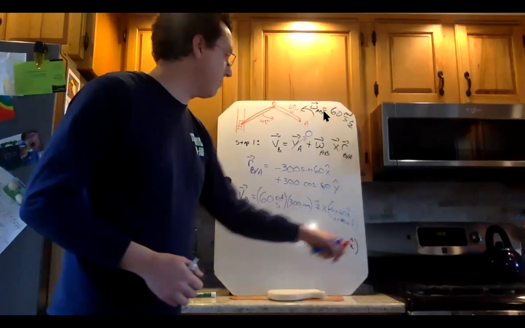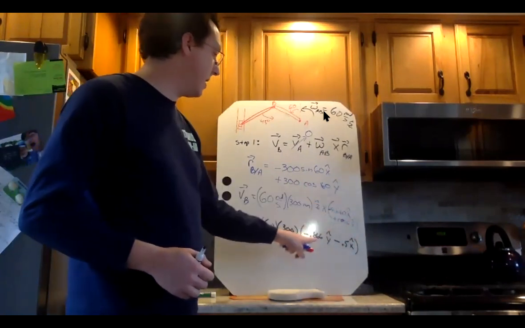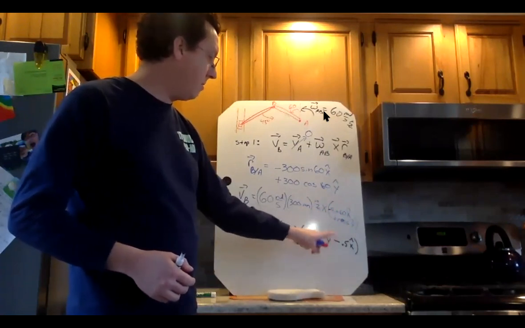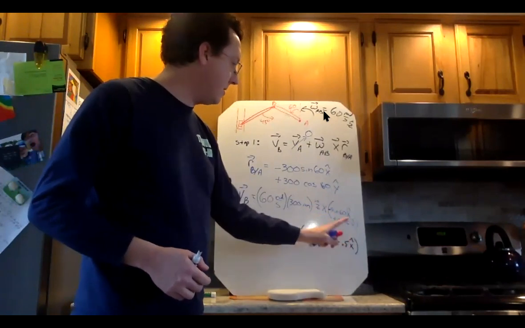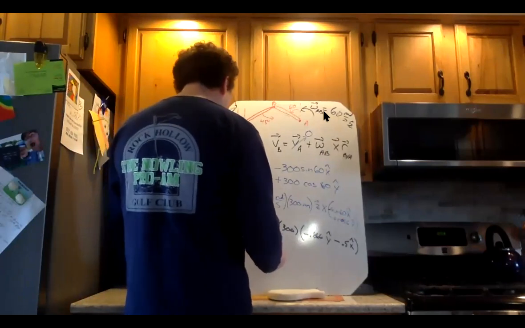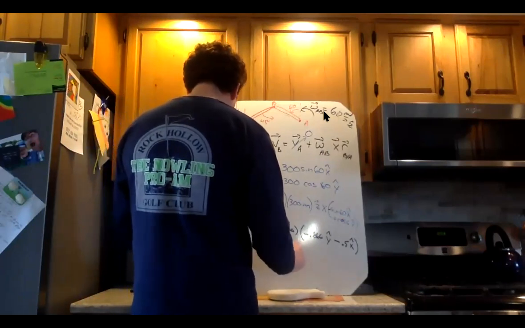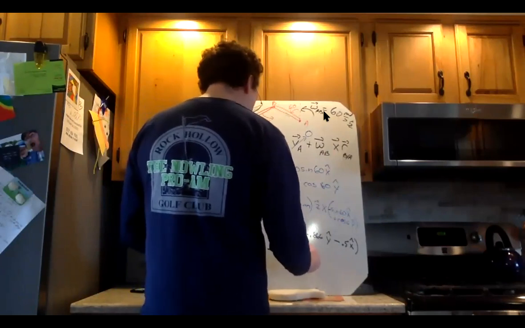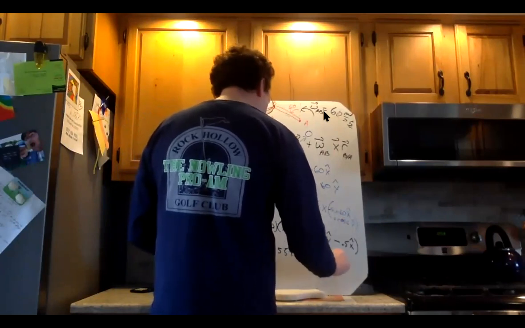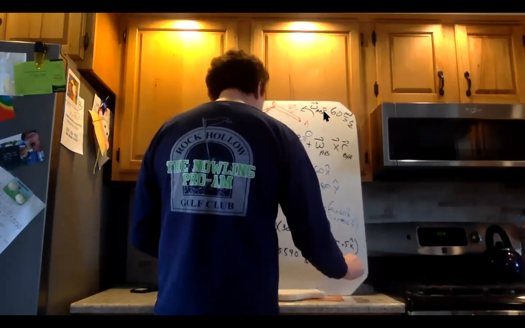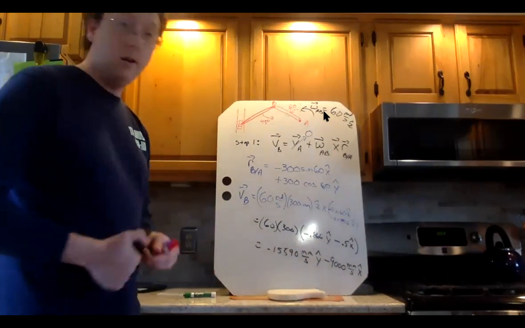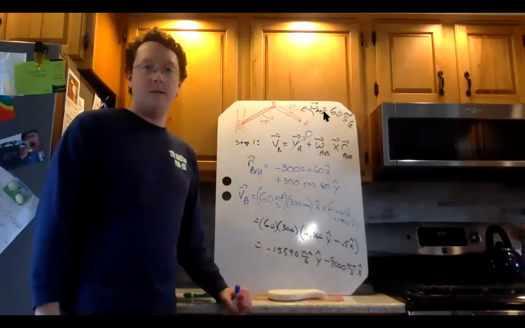After I do the cross product, that's what I get. When I do z cross x, that gives me y hat, but then there was a minus sign out front, so that's a negative y piece, and I get z cross y is a negative x hat. So I'm getting negative 15,590 millimeters per second, y hat, minus 9,000 millimeters per second, x hat. Okay, so raise your hand if you got that far.